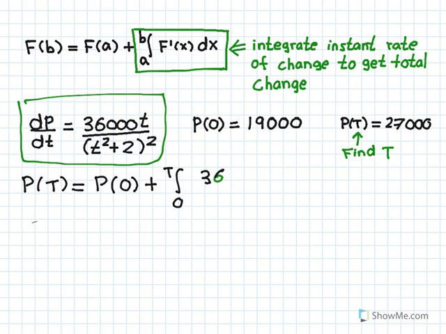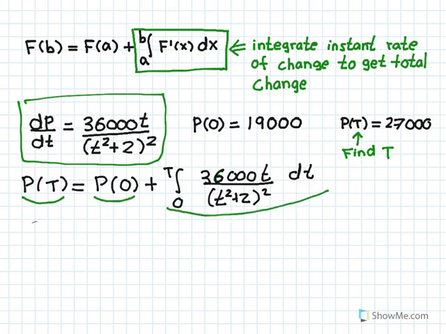36,000 t divided by t squared plus 2 all squared dt. So what that's telling us is the population at time t is equal to the population at time 0 plus we integrate the rate of change of population to get a total change of population from time 0 up to time t.